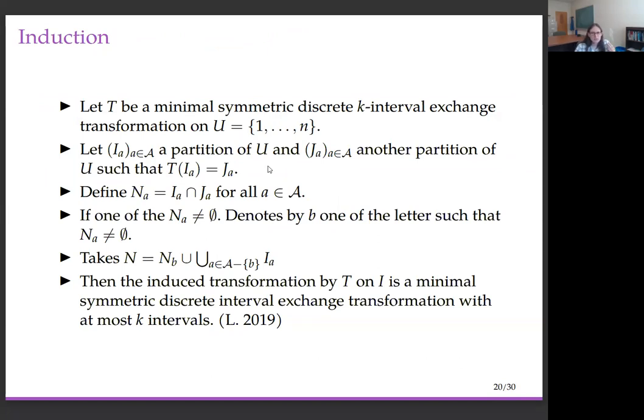If you want to describe it as an induction of the minimal symmetric discrete interval exchange transformation, you take the partition of the interval at the top, which I call A, and the one at the bottom, which you get by applying the transformation to the interval at the top, giving new intervals. And we define the intersection between the interval at the top and the bottom. Since the permutation is symmetric, the middle point of the transformation will be in one of the intervals.